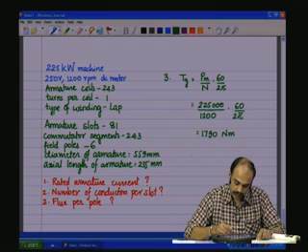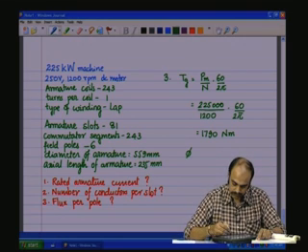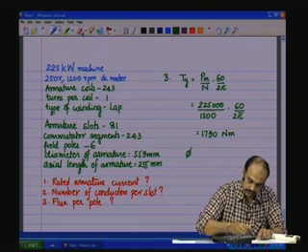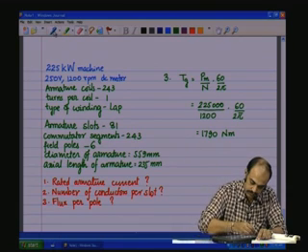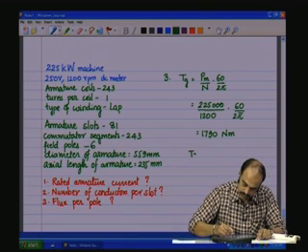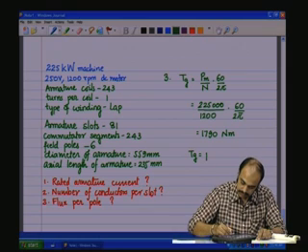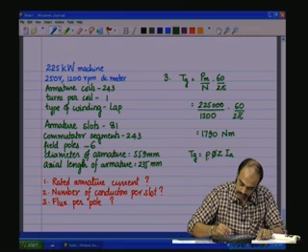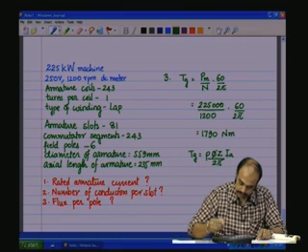Now, from the other equation, we also know that T g is given by P phi z I a by 2 pi.